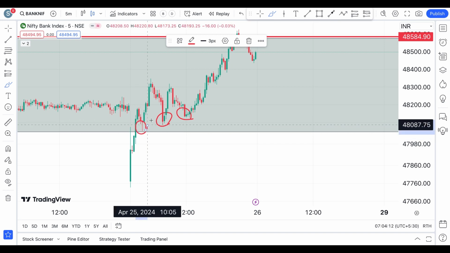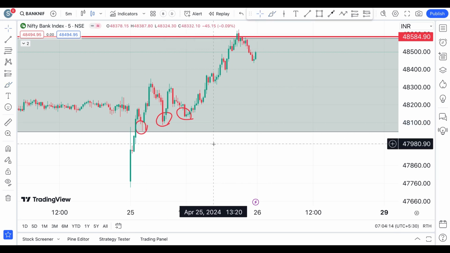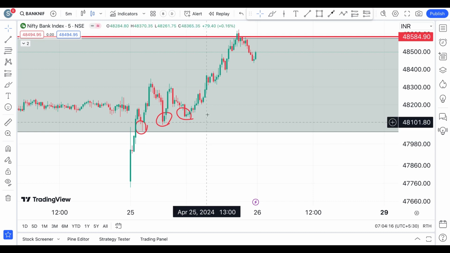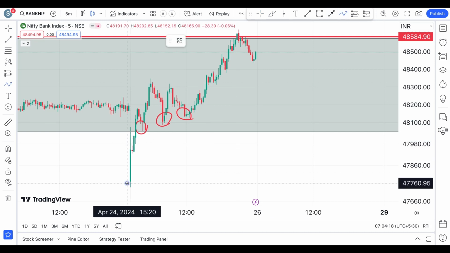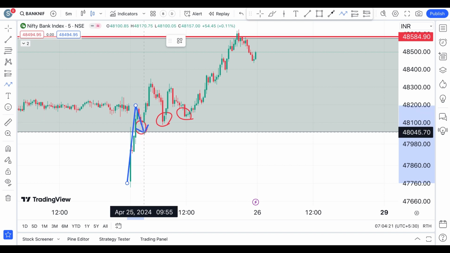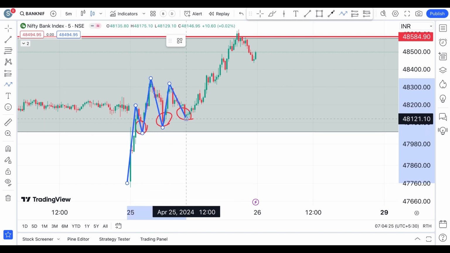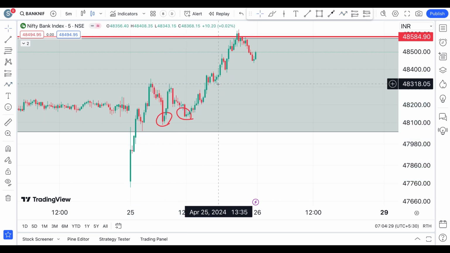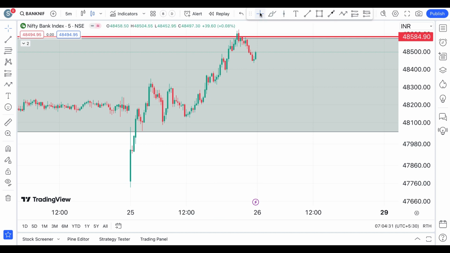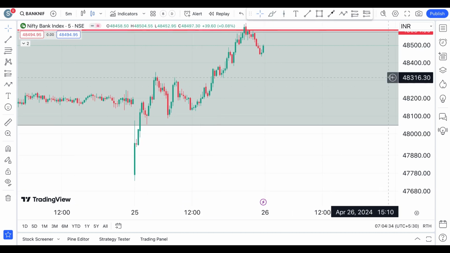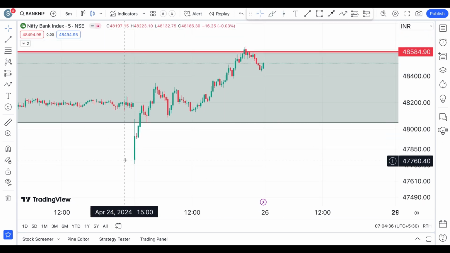So all these swing reactions are the troughs. If you look at this drawing, this is a peak and this is a trough, and this is a peak and this is a trough. So all these troughs are going to act as support areas, and all these peaks are going to act as resistance areas.